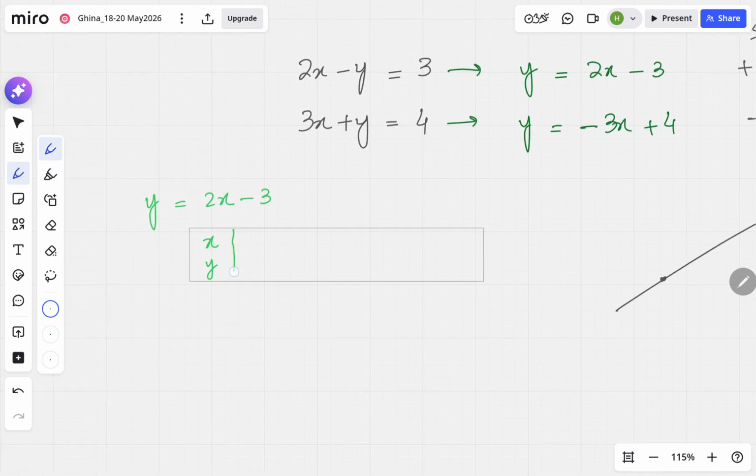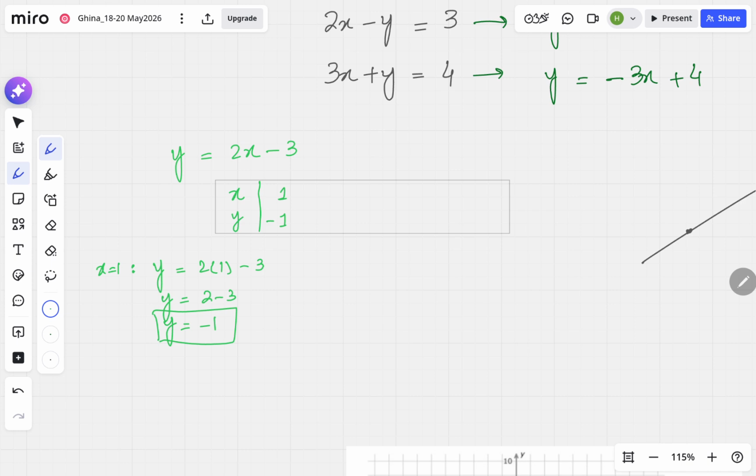Let's suppose x equals 1. When I put x equals 1 in this equation, y will be 2 minus 3, which gives y equals minus 1. So if x equals 1, then y is minus 1.